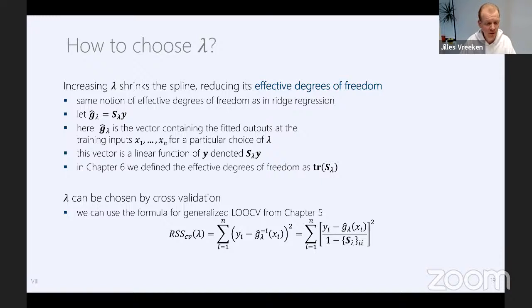So we can write down the residual sum of squares for cross-validation, with regard to lambda, as simply the sum over all data points, where we have the output and our estimated function g lambda, and we leave the one point out, the one point that we don't want. We look at the square of errors, and this we can now rewrite in terms of this matrix S. That allows us to directly choose essentially the value of lambda. Good.